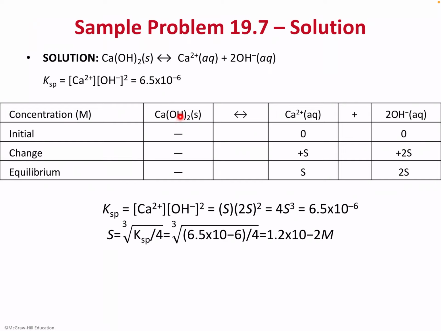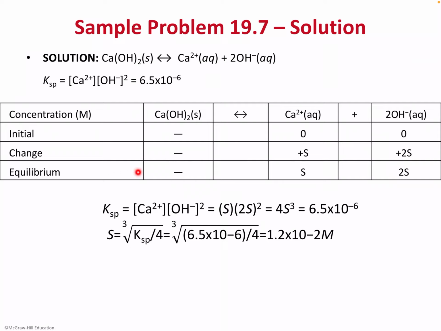Calcium hydroxide, we have initially solid. Initial amount, nothing is being formed. So we can just say it is 0. Okay. And then the change. Let's say the amount of calcium and hydroxide being generated by dissociating calcium hydroxide is S. This is 1, so it is plus S, and since there are 2 hydroxide, that would be 2S.